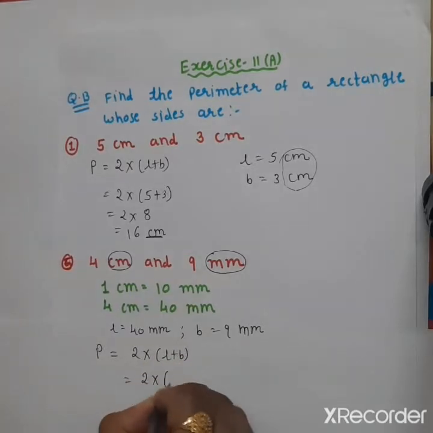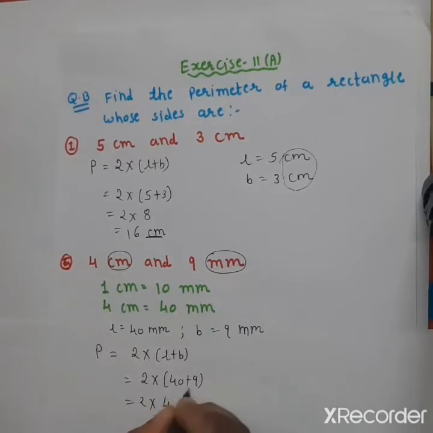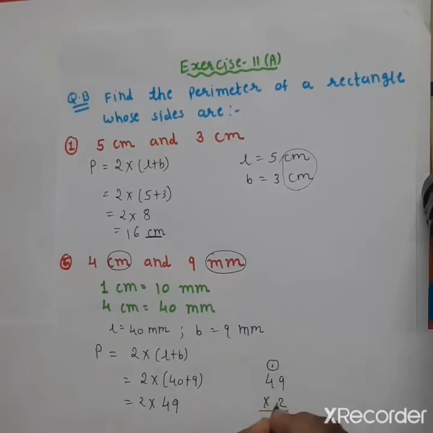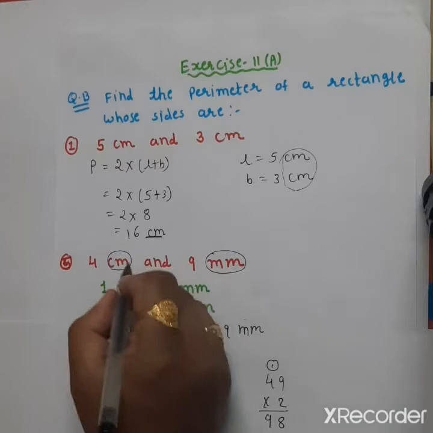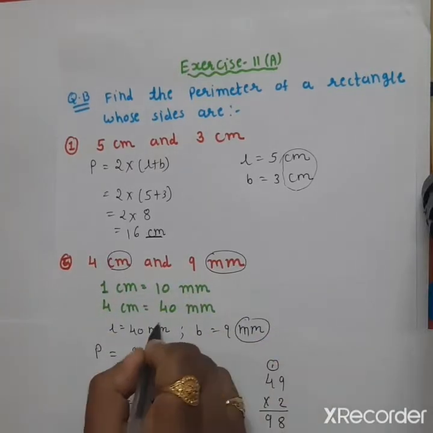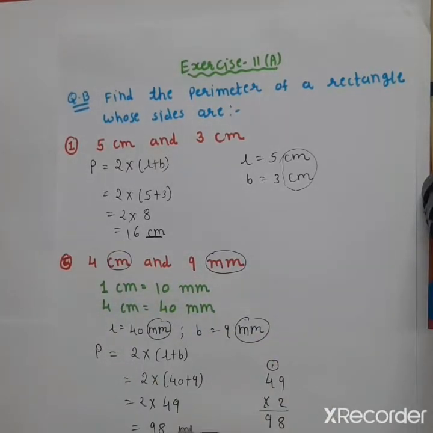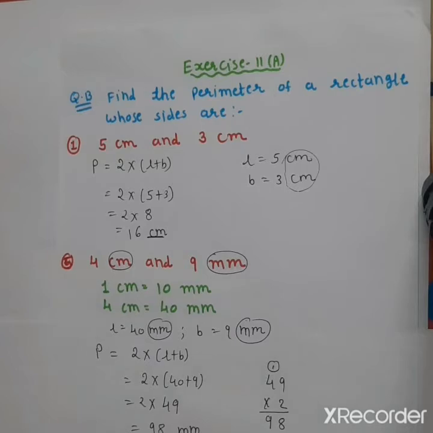So, 2 into (40 plus 9), which is 49. Now, multiply 49 by 2. 9 2s are 18, 1 carry over. 4 2s are 8, 8 plus 1, 9. So, 98. What about the unit? Here the lengths are given in millimeter. So, the unit will be millimeter.